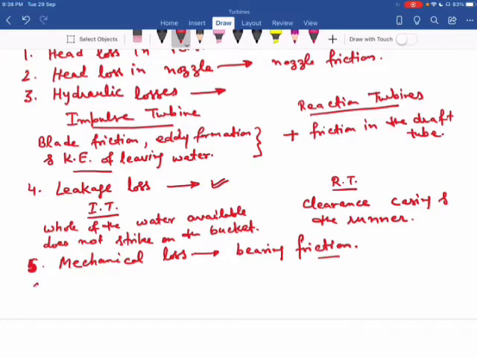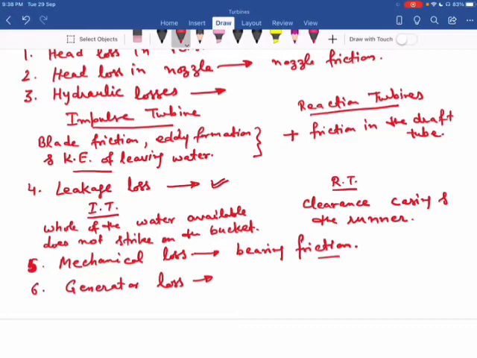Then one more type of loss is the generator loss. Due to this loss, the power produced by the generator, ultimately, you have to produce the electricity from the generator or alternator. So the power produced by the generator is still lesser than the power obtained at the shaft output.